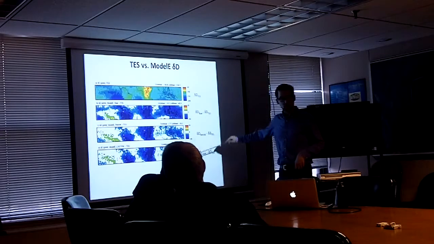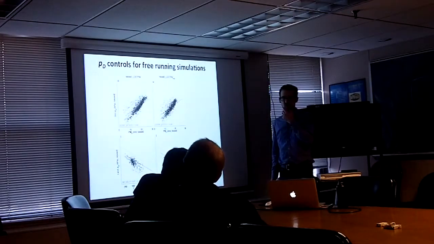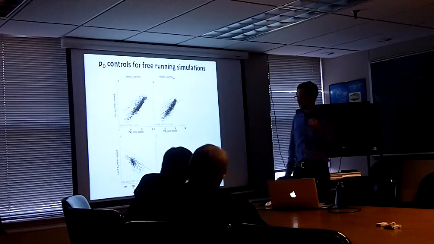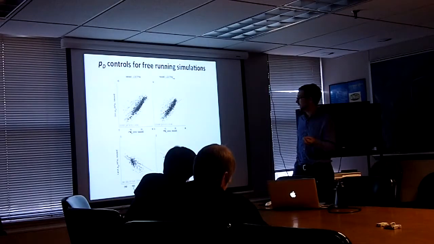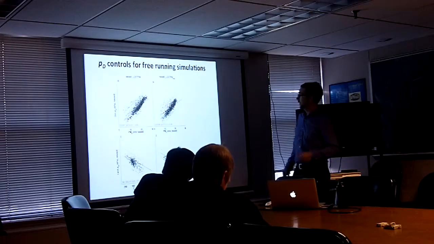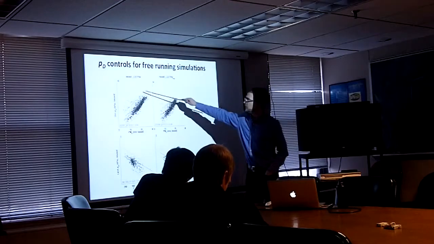These are all for the same nudged runs, by the way, and I'll just show that it seems to work okay as far as choosing the right retrieval quality filtering and averaging kernels. It seems to work fairly well for the free running simulations too. I'd shown these before.